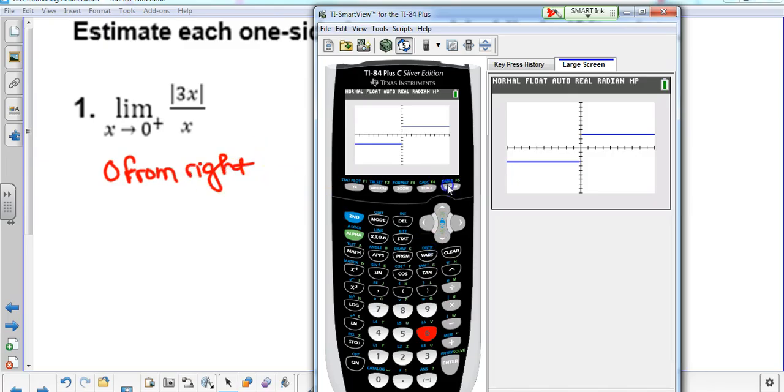If I did trace and I said 1, I'm at 3. If I said 0.9, I'm at 3. If I said 0.1, I'm at 3. If I said 0.001, I'm at 3. Is that close enough for you to get that it's staying at 3 as it gets close to 0 from the right? Now, does this graph have a limit at 0?